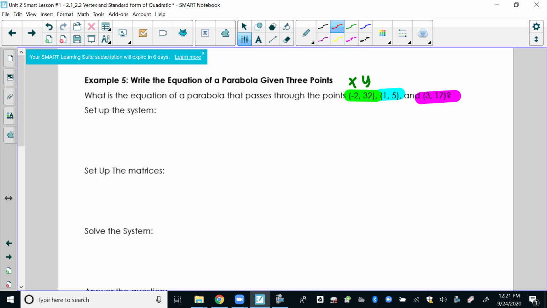Using standard form, which again is y equals ax squared plus bx plus c, we get the following equation. 32 equals a times (-2) squared plus b times (-2) plus c.